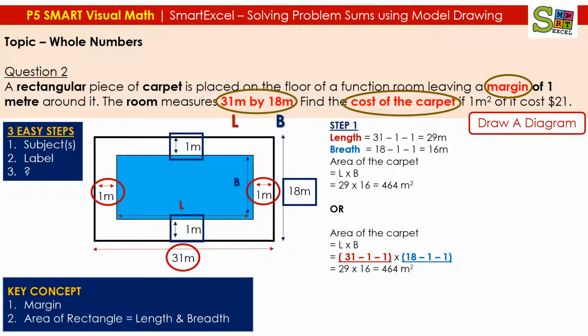Alright. Or we can do the second way, which I strongly recommend. If you notice, for the area of the carpet, I straight away write length times breadth, which is 31 minus 1 minus 1, we bracket it up, times 18 minus 1 minus 1. We are actually doing the same as what we did above, only that we eliminate the unnecessary steps.